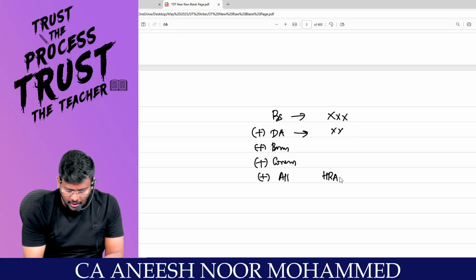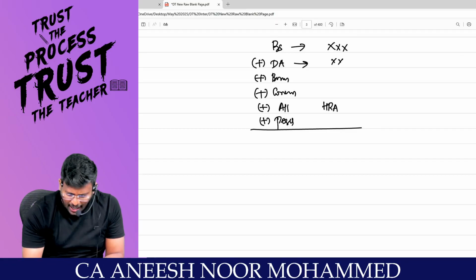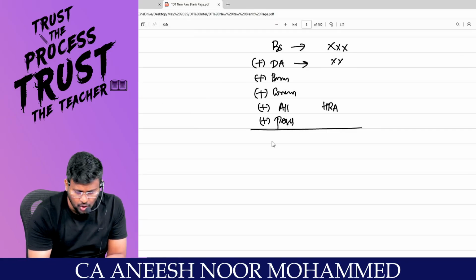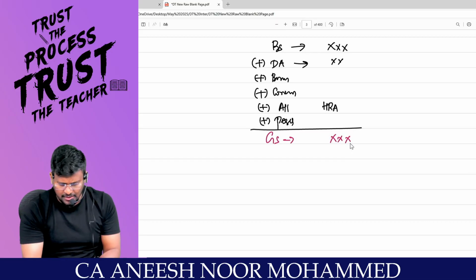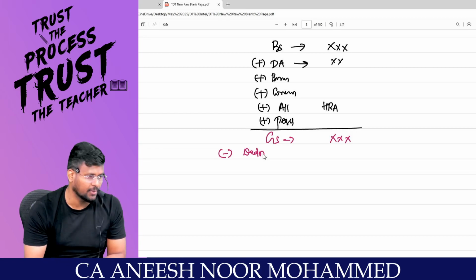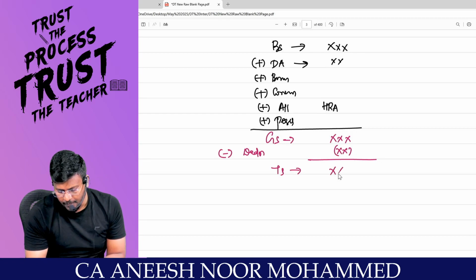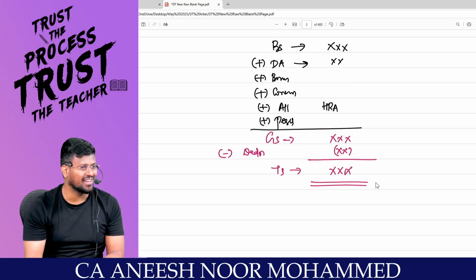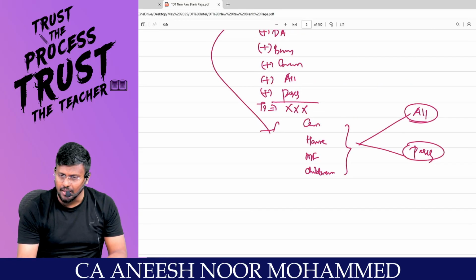Are you all really with me? And you will be adding perquisite. If you add that, the answer is called gross salary. From the gross salary, we will be reducing the deductions. If you reduce the deductions, you will get the taxable salary.